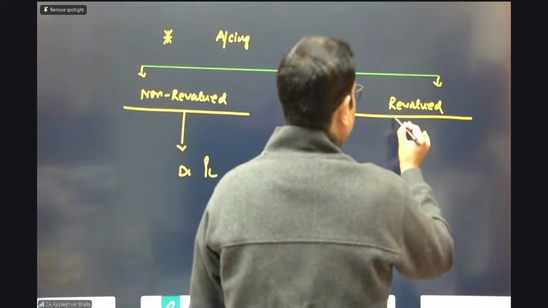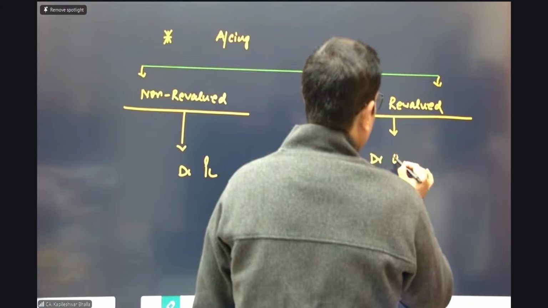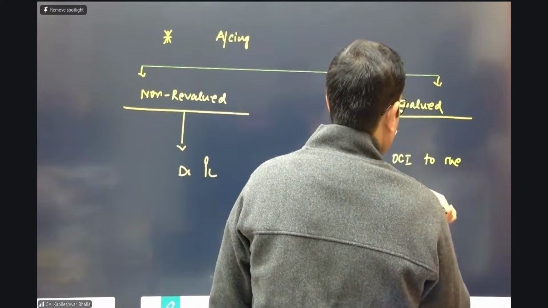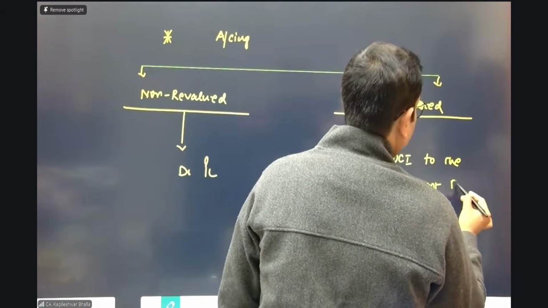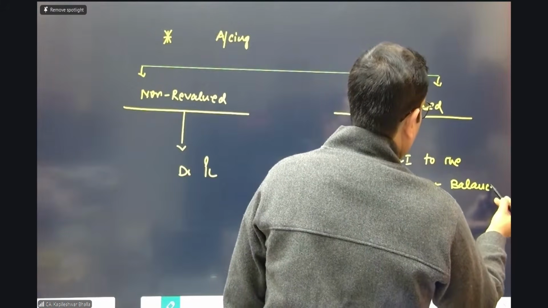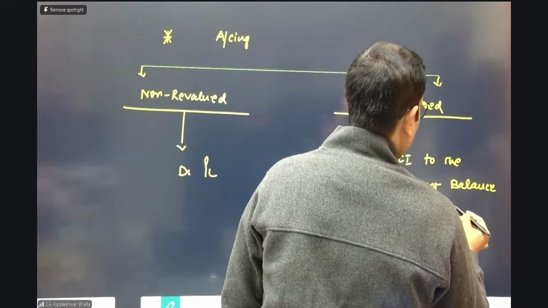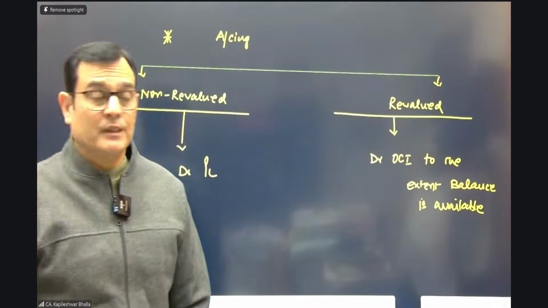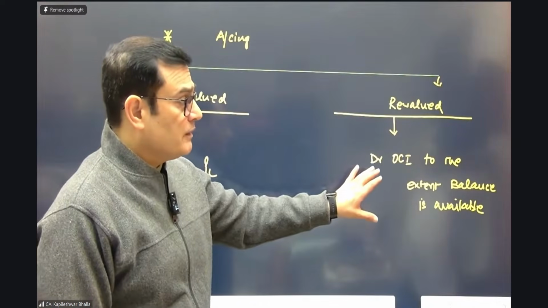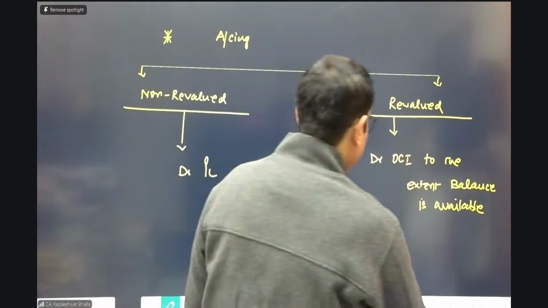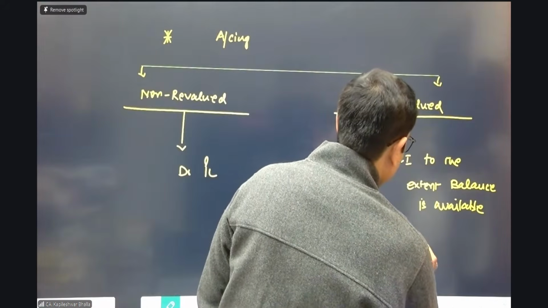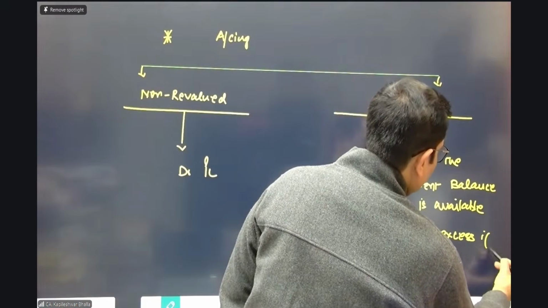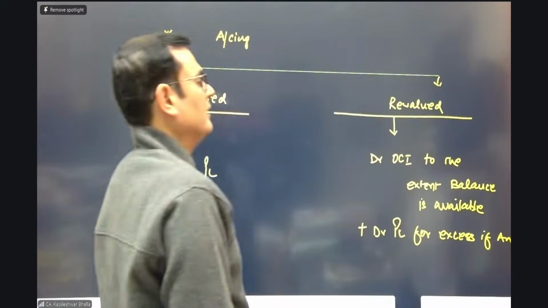And if it is a revalued asset, can I say I will debit the other comprehensive income to the extent balance is available? So we will first of all consider this to be a debit to the OCI. If there is a balance in other comprehensive income, we'll debit that, and then we will debit profit and loss for the excess, if any. So if there is any further impairment loss, then you will debit the P&L.